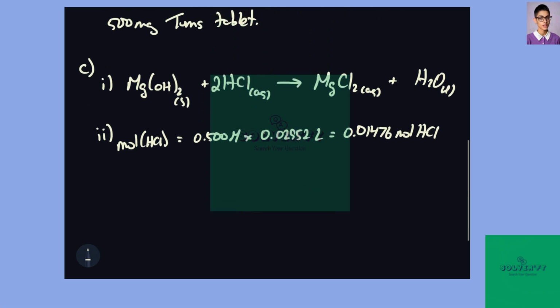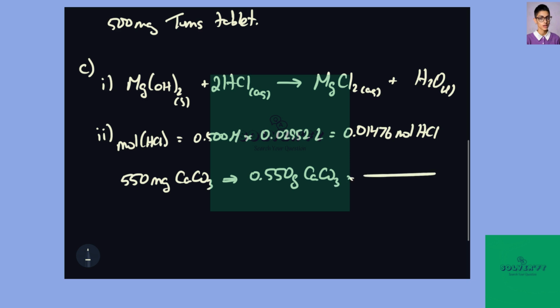We're told that in Rolaids there is 550 milligrams of calcium carbonate, which would be 0.550 grams of calcium carbonate. We can find the number of moles here. This would be 100.1 grams in 1 mole. This would be equal to 0.00549 moles of CaCO3.